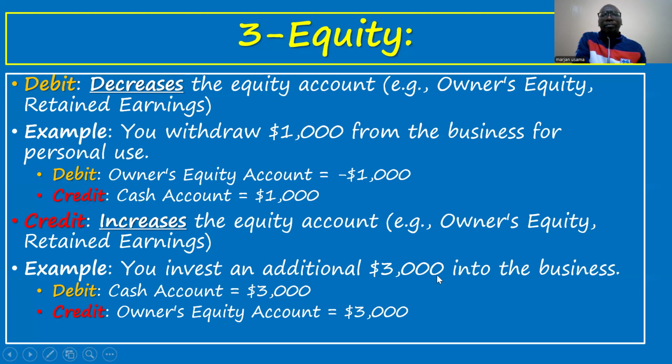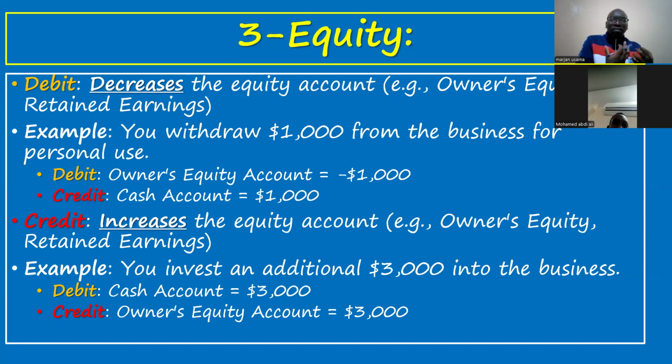Now, you have an example here. You invest an additional 3,000 into the business. So here you are not taking money out of your business, you are adding money. You are adding more money. So you are adding money, the cash account is positive. But when you are withdrawing, you minus because you are taking money.